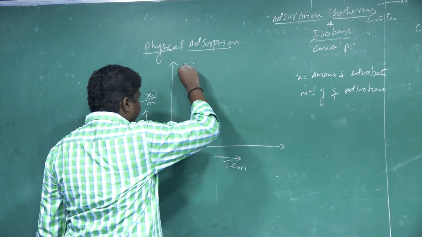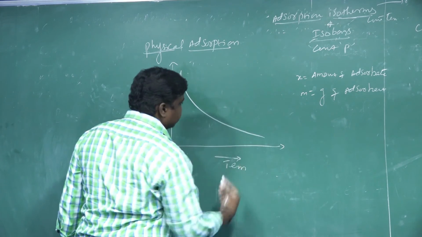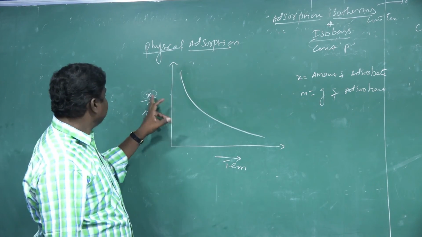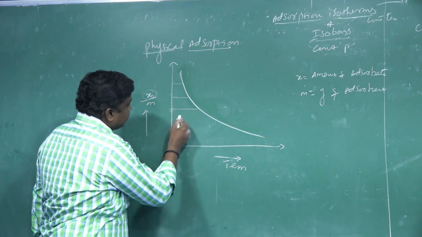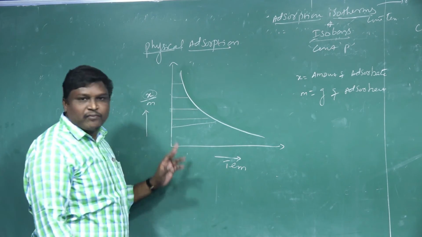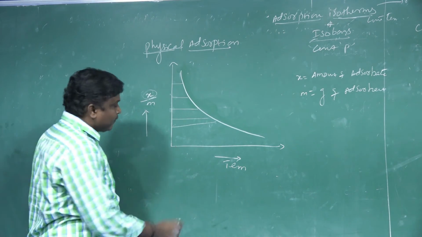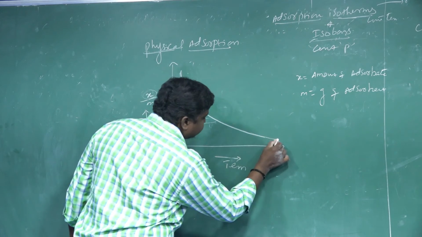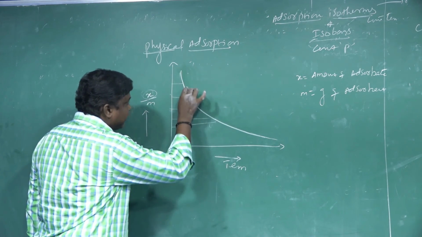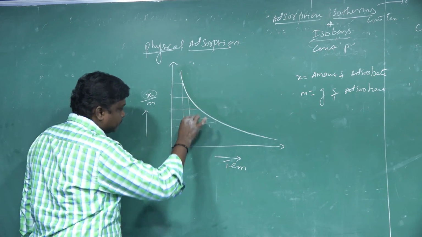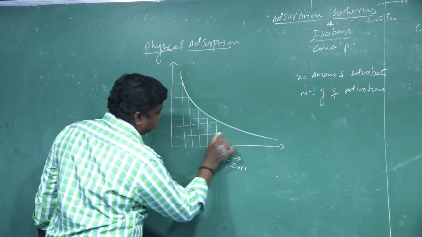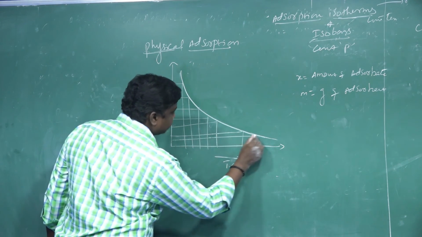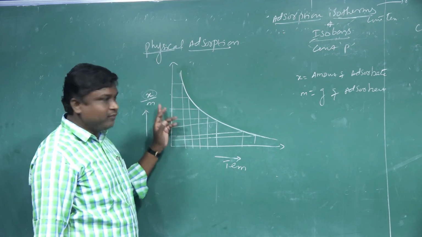In the graph, the X by M value decreases with increasing temperature.